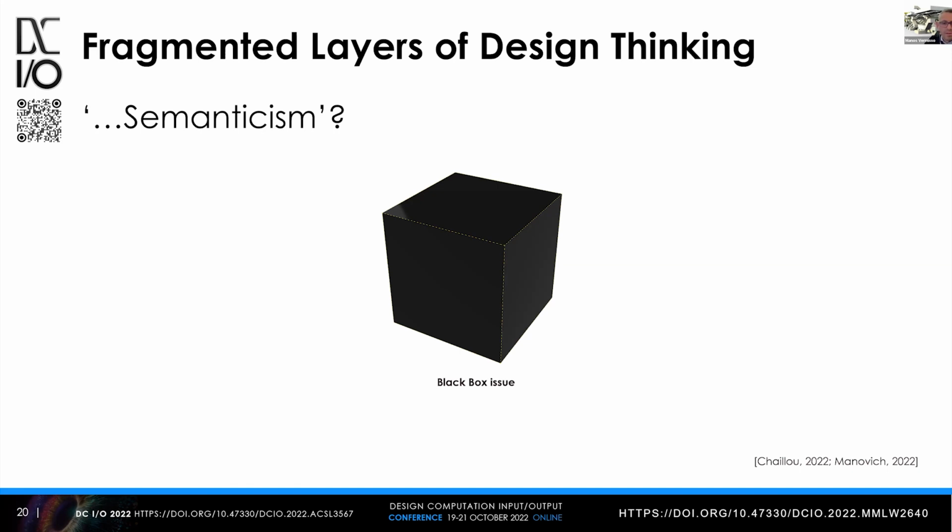Within architecture, this kind of integration has only been barely situated within architectural discourse. And yet, recent work already speaks of such a thing, like semantics as a kind of new paradigm.